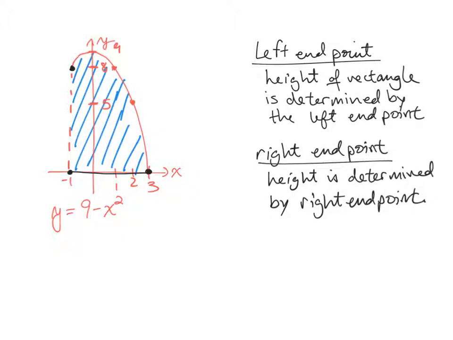So we know that the height of this rectangle, if we pick the left endpoint, would be y equals 9 minus (-1) squared, which is 8. This rectangle would be 8 tall and 4 units wide. So this rectangle would look something like this. So it would be an 8 by 4 unit rectangle.